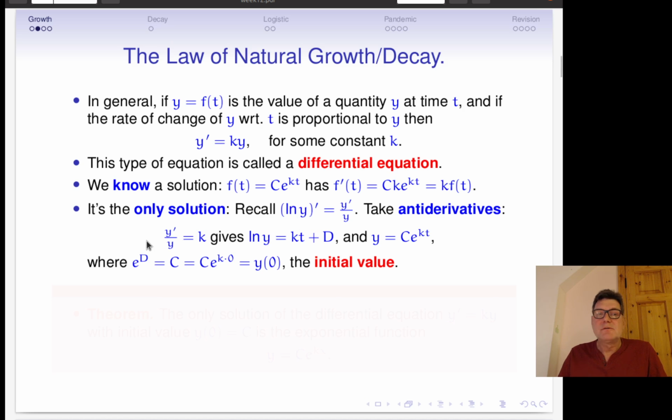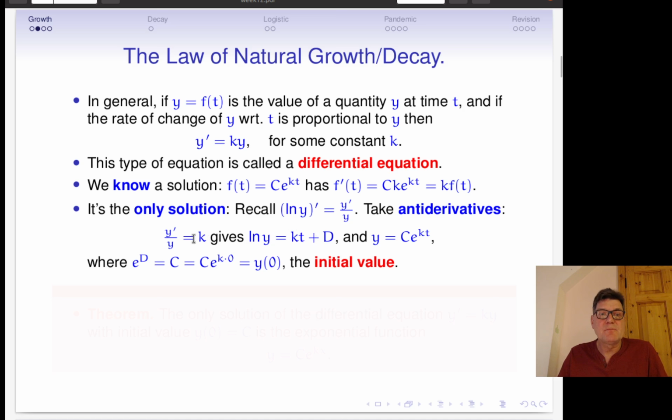And an antiderivative of the constant k is k times t, which we either remember from last week or you verify this by taking the derivative of k times t, or the derivative of k times t plus a constant d will be k.